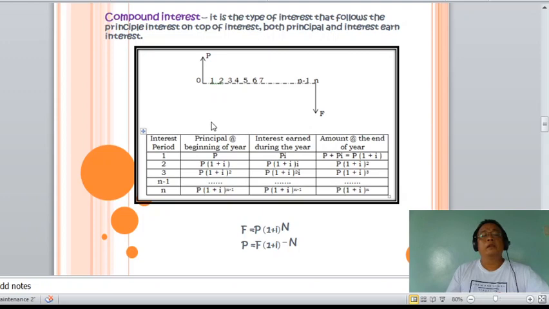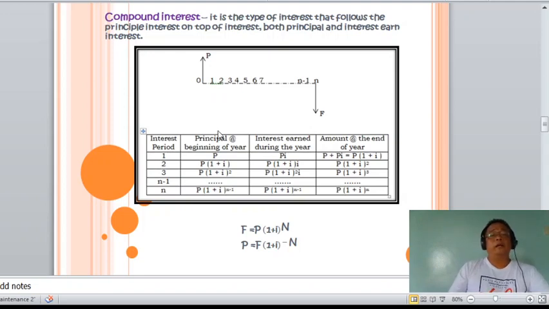Okay. So, we will notice that whatever is the year to be considered, at the end of that period, the exponent of the factor is equivalent to that period also.